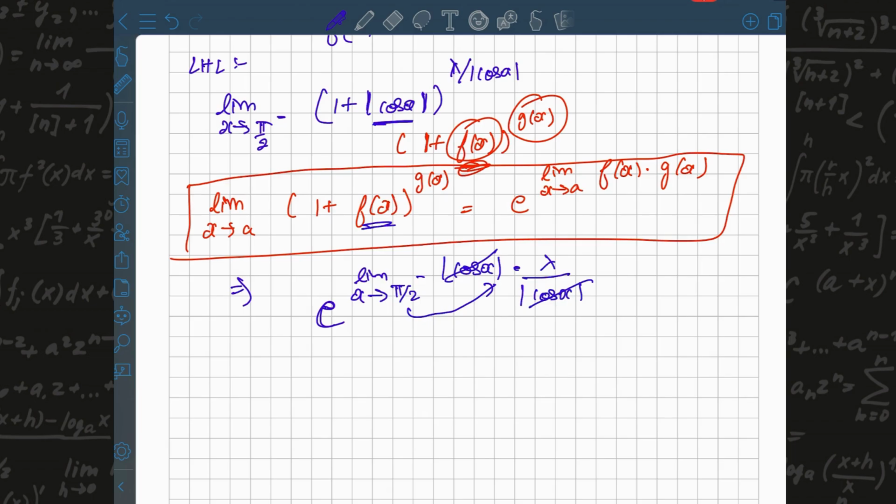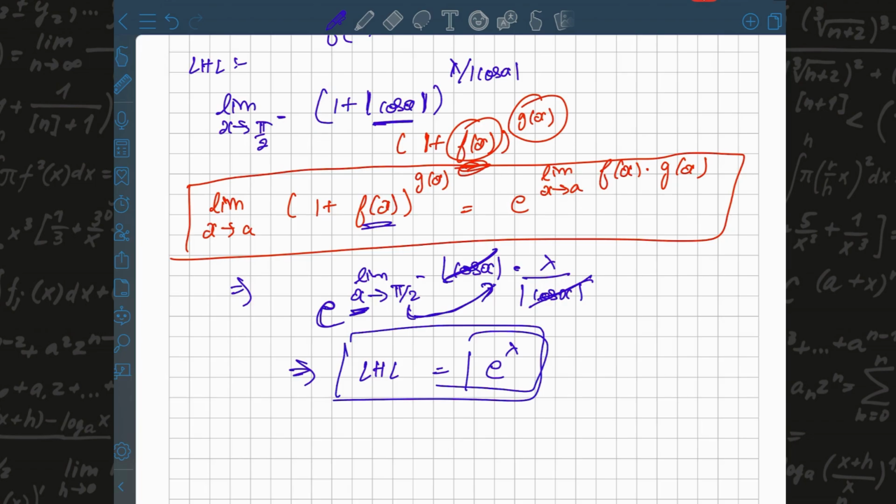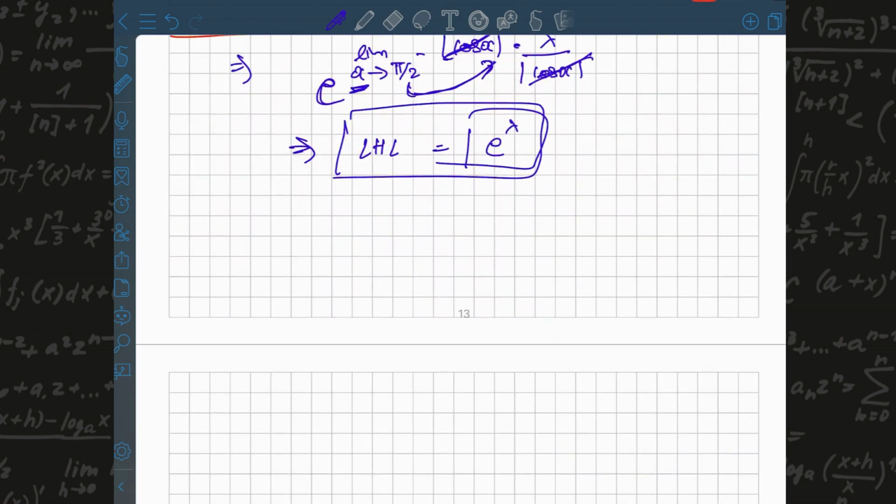You can't apply because there is no x term, it got eliminated. So this LHL is nothing but e power lambda. So this is LHL. Now let's solve RHL.